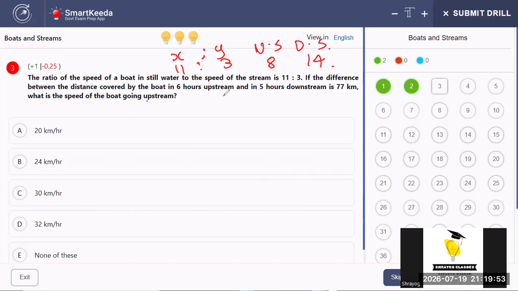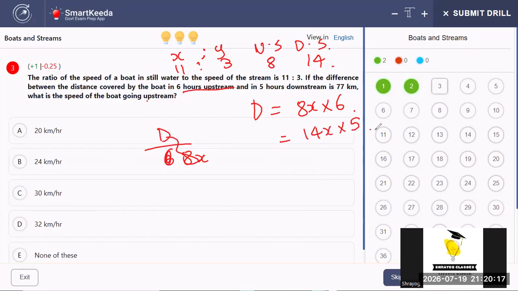If the difference between the distance covered by the boat in 6 hours upstream, that is 8x into 6, and 5 hours downstream, which is 14x into 5, is 77.